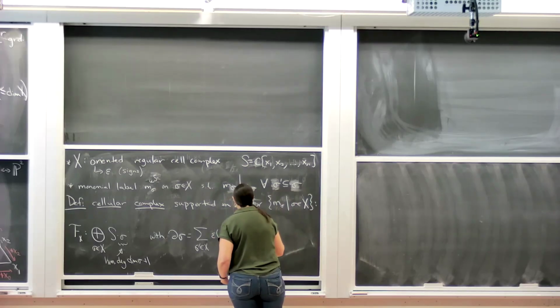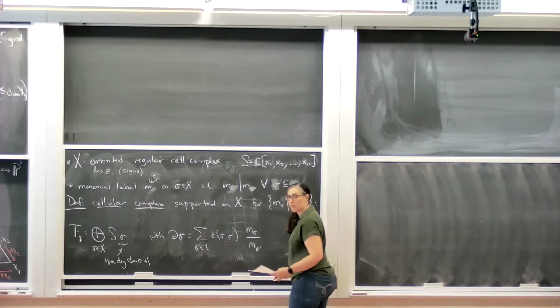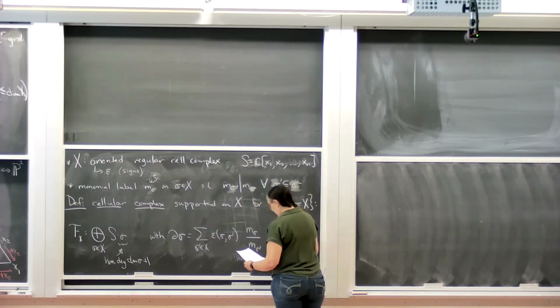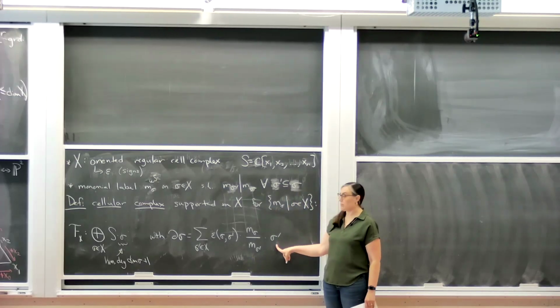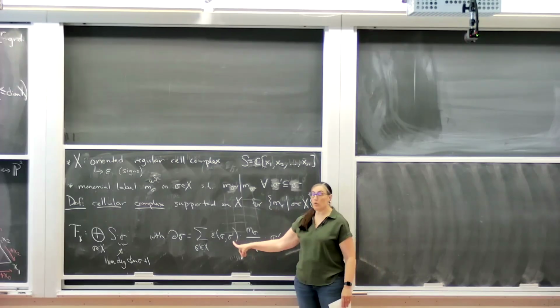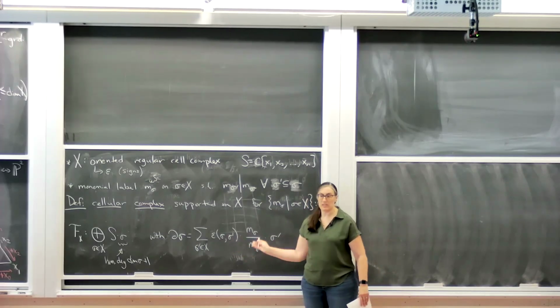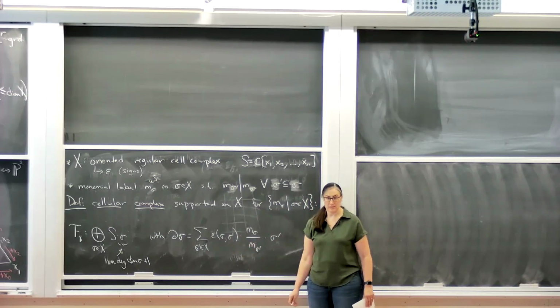And then I have my successive division. That lands me in homological degree 1 less, at sigma prime, because this will only be nonzero if sigma prime went down 1 dimension from sigma.